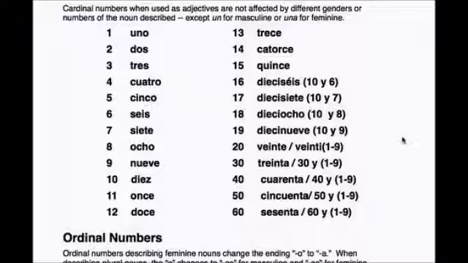And 30, 40, 50, and 60. If we combine them with other numbers, we will say the y. So 31 you would say treinta y uno, right? 33, treinta y tres. 35, treinta y cinco. 37, treinta y siete. 39, treinta y nueve.